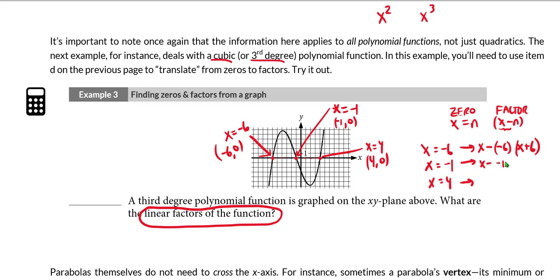Same sort of thing here, x minus -1, that's just again x minus the value of the root or 0 there, and that becomes x plus 1, and then x equals 4, that's just going to be x minus 4. So our 3 linear factors of this cubic function, of this third degree polynomial function, are going to be x plus 6, x plus 1, and x minus 4. Those are the 3 linear factors of this cubic function.